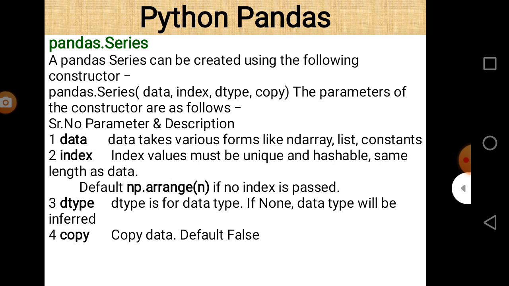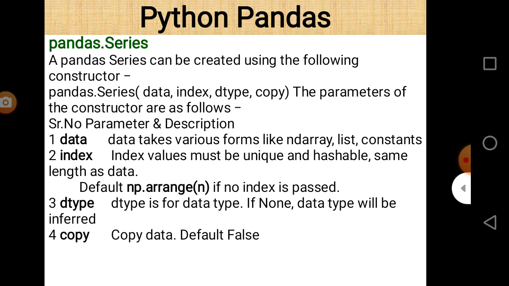So what is data? Data takes various forms like ndarray, list, and constant. So in data we can pass an ndarray, a list, as well as a constant. And second is index. Index values must be unique and hashable, the same length as data.